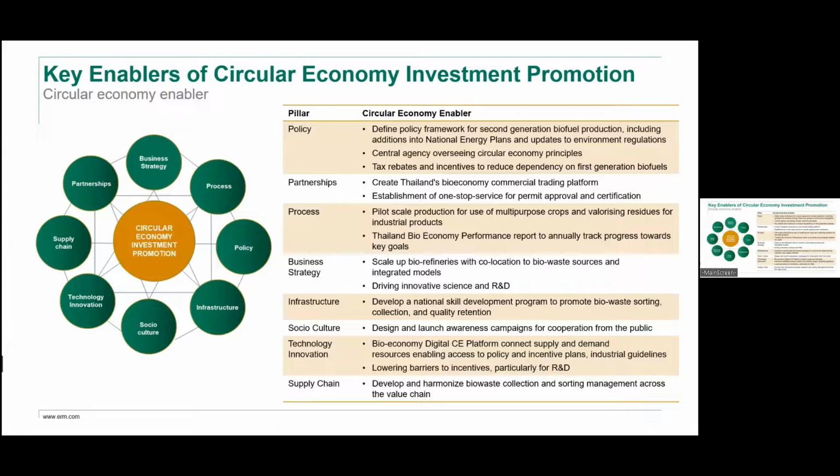New tax rebates and progressive incentives to promote bio-based industries and reduce dependency on primary fuels. Partnerships and collaborations would be a must-have. Pilot scale productions for new technology, second and third generation fuel productions. Scaling up of existing biorefineries by bringing better infrastructure and supply chains together.